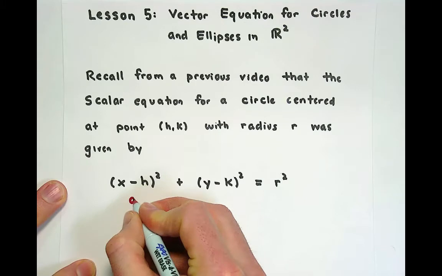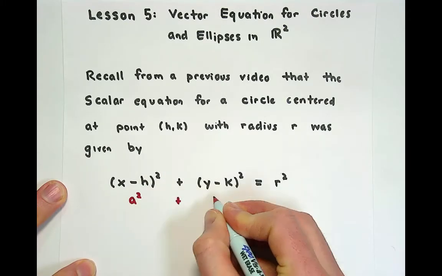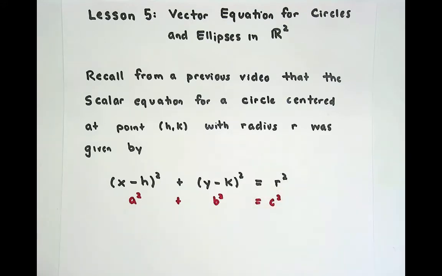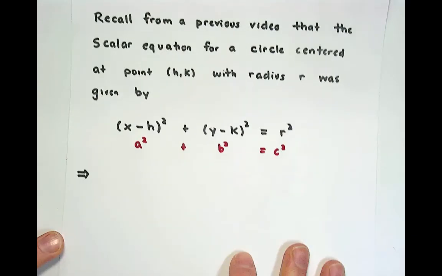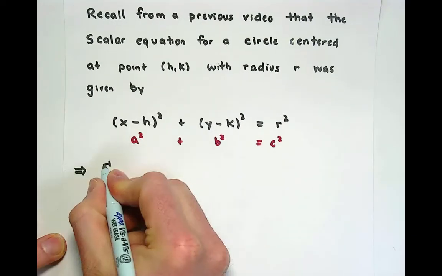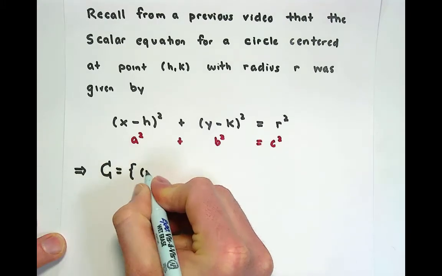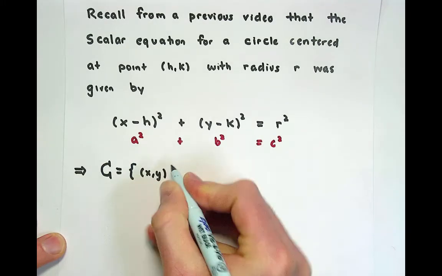Remember, we have something like a squared plus b squared equals c squared. And we thought about the circle as all points. Perhaps we call the circle C as a set. So it's actually a collection of ordered pairs x, y.